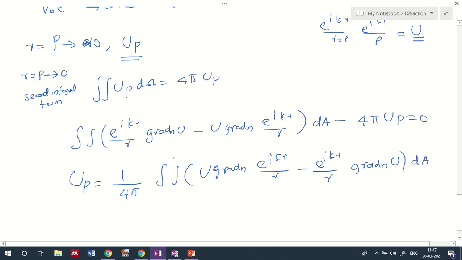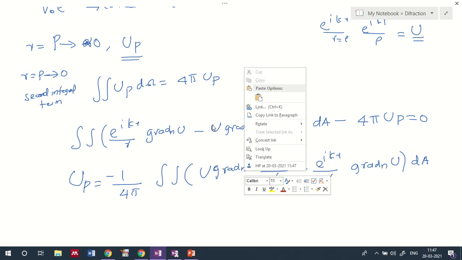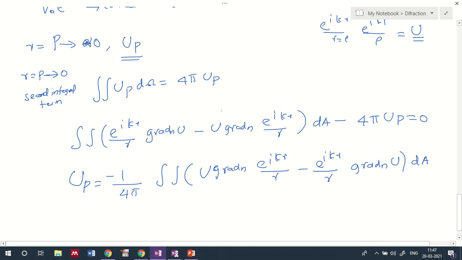Here we will have a minus also, because we have just rearranged these terms. You just rearrange u gradient e^(ikr)/r onto this side, then you will get u gradient e^(ikr)/r minus e^(ikr)/r gradient u. So we just rearranged it.